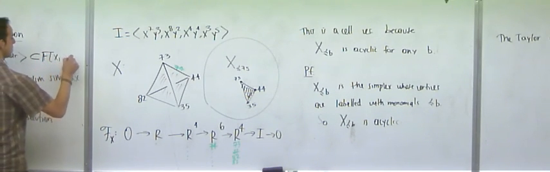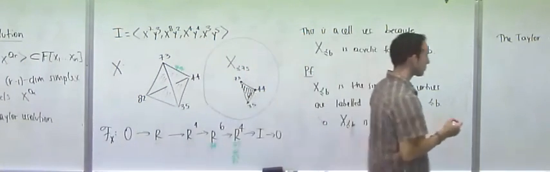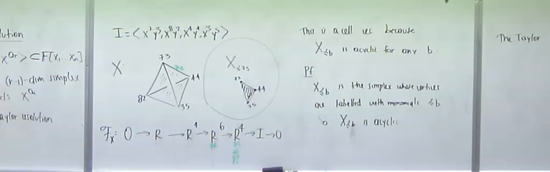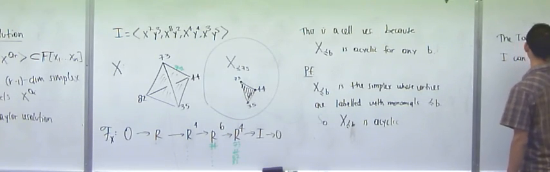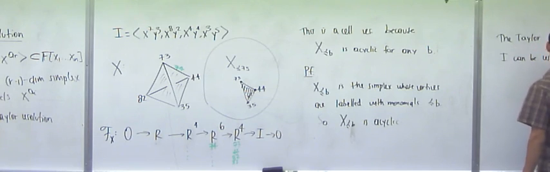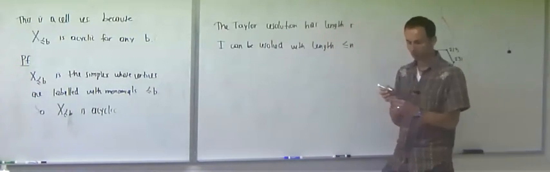Okay? Now, in general, let's say that this lives in n variables. Okay? But we know that I can be resolved with length less than or equal to n. Okay?